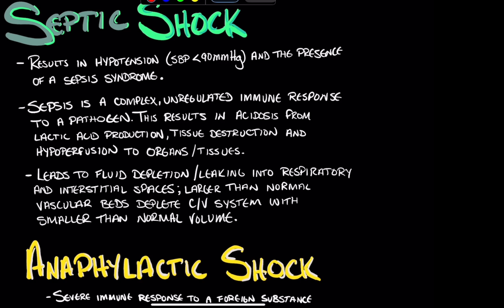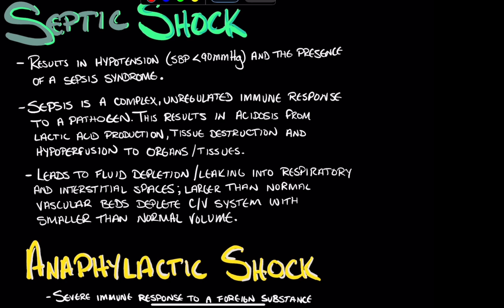It's going to end up leading to tissue destruction from the lysosomal breakdown that we talked about, I believe, when we talked about the Krebs cycle and the metabolic functions of anaerobic and aerobic activity. And this will end up leading to hypoperfusion of organs and tissues, obviously, if it's a shock state, right?